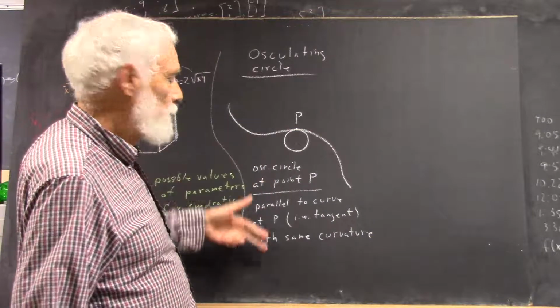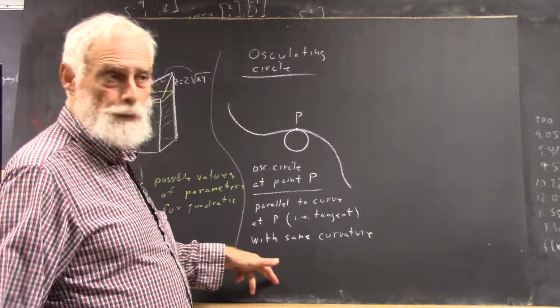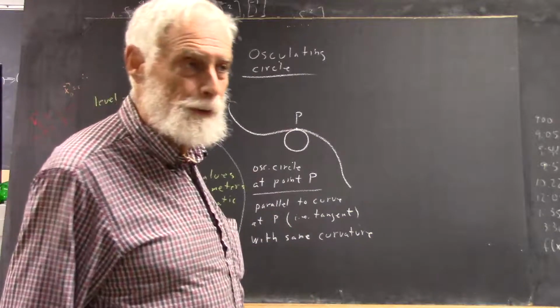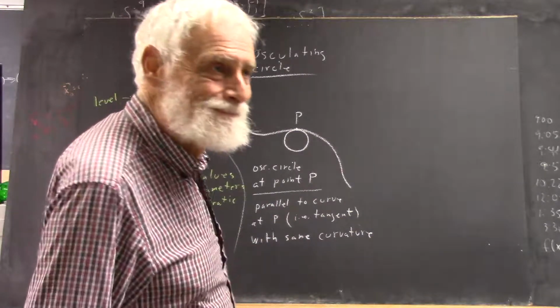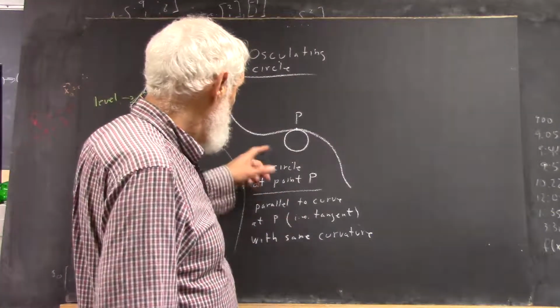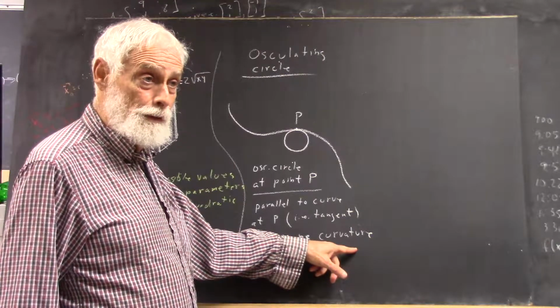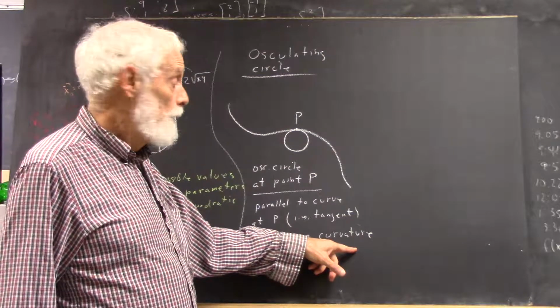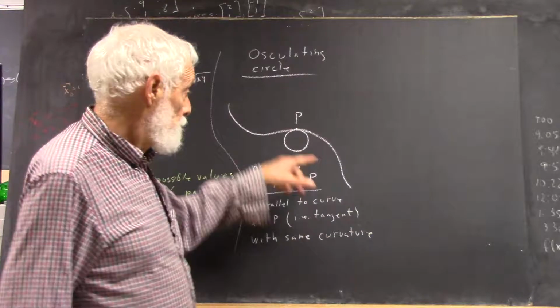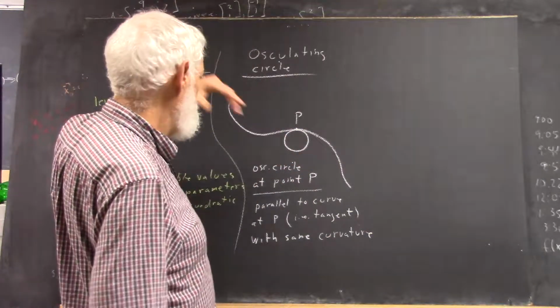So anyhow, that's what an osculating curve is. Before we get into the definition of curvature, which is really fairly straightforward, but there's one formula that's a little bit challenging, before we develop the topic of curvature and the formulas and so forth, we want to specify one important aspect of this.